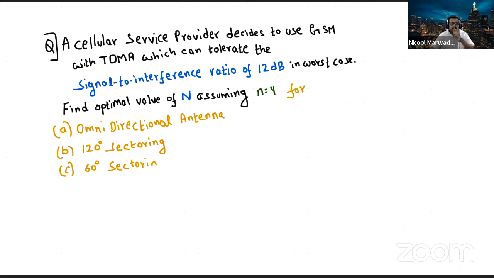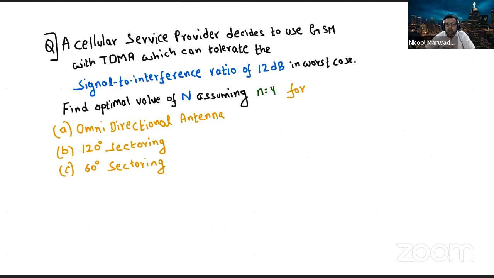So the idea is that we have a cellular service provider who decides to use GSM with TDMA, which can tolerate the signal to interference ratio of 12 dB in worst case. We always want a high signal to interference ratio, because if we have a high signal to interference ratio, it means that the power of the signal will be high and interference will be low.